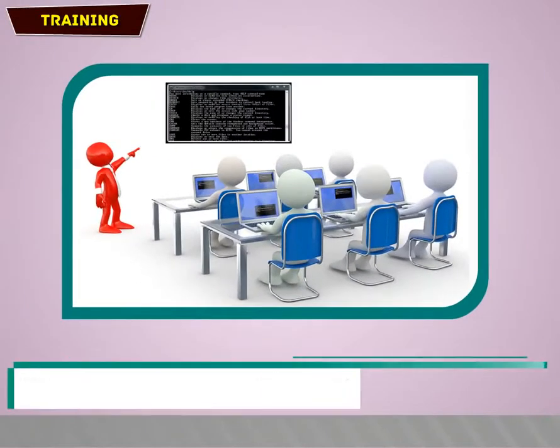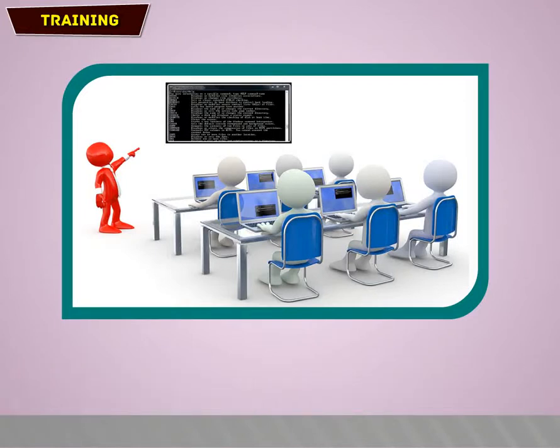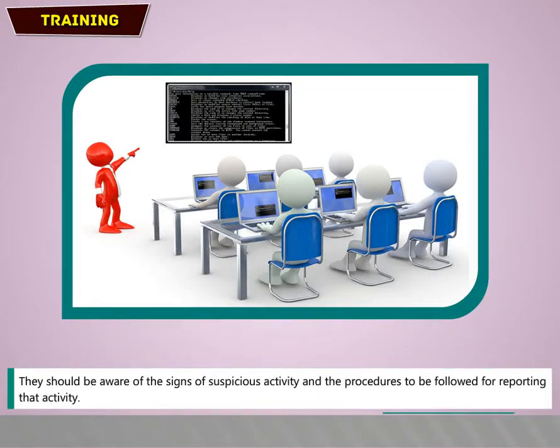Training. Users should be trained adequately to ensure that they are aware of security concerns and to understand how these concerns are related to rules and procedures. They should be aware of the signs of suspicious activity and the procedures to be followed for reporting that activity.